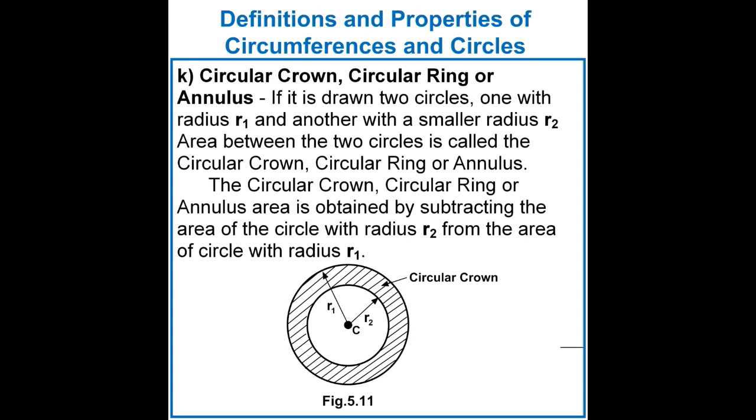The circular crown area is obtained by subtracting the area of the circle with radius R2 from the area of the circle with radius R1. The 2 circumferences have the same center C. Thus, these 2 circumferences are concentric.